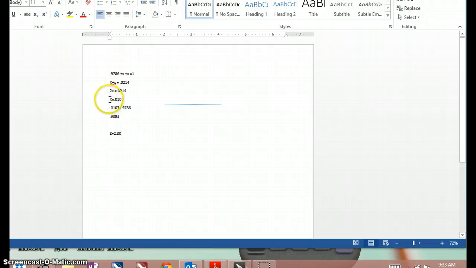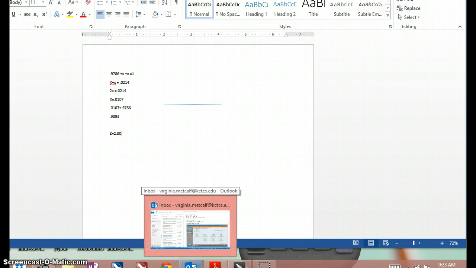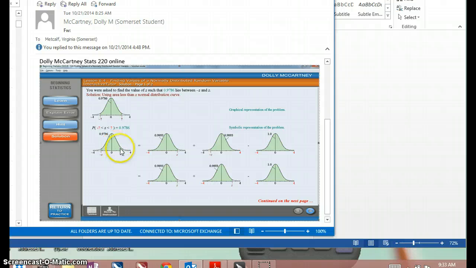Now, I know what x is. So if I take that x value, let's go back and look at our picture real quick. My x value right here is 0.0107. So I'm going to take that amount and add it to this one.